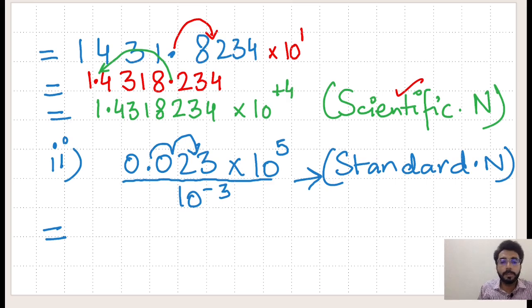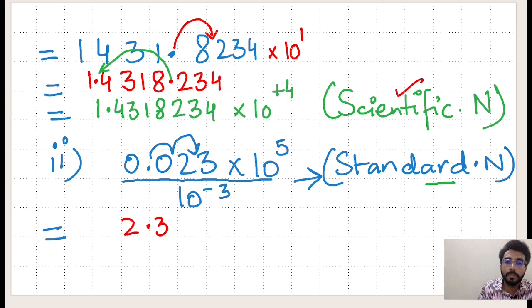Now look at the second part: 0.023 into 10 raised to power 5 in the numerator, and 10 raised to power negative 3 in the denominator. A question is given. We have to solve this question, and we have to write the final answer in standard notation. First of all, we move this decimal point and convert it into scientific notation. It will become 2.3.